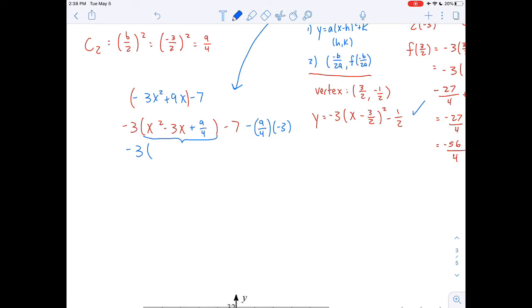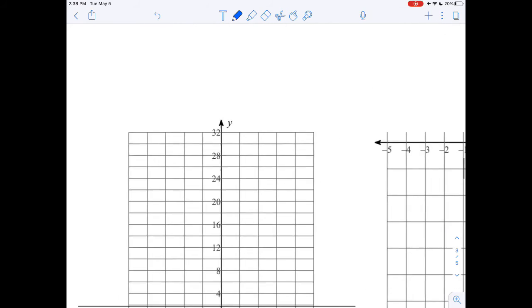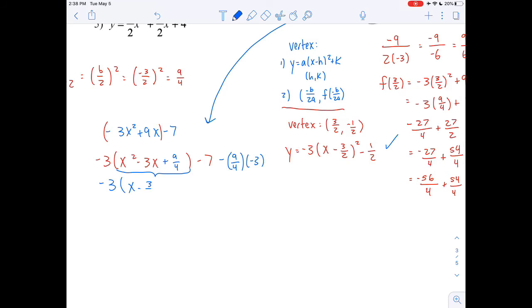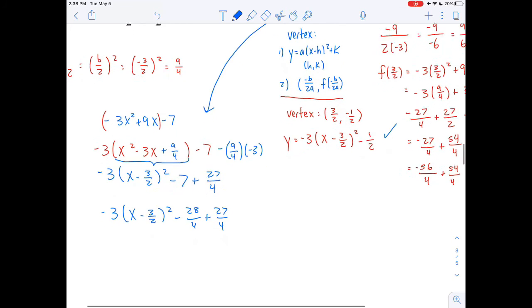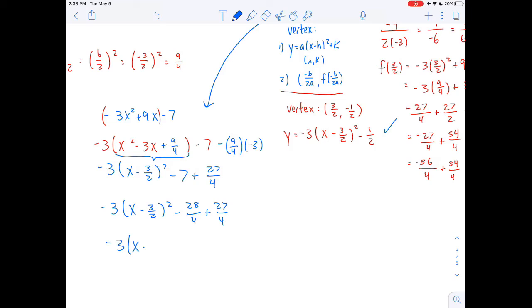That's why we find c squared in the first place, and all you have to do is divide this b term in half, which we've already done, and that's x minus 3 over 2 squared minus 7, and now since I'm subtracting a negative, I can add 9 times 3, which is 27 over 4, and 7 becomes 28 over 4, so this becomes x minus 3 over 2 squared minus 28 over 4 plus 27 over 4, which is -3 parentheses x minus 3 over 2 squared minus 1/4.